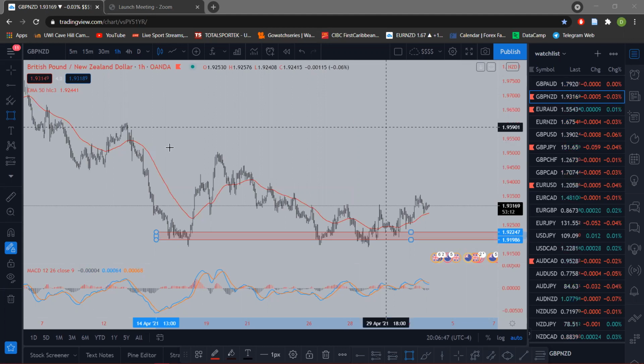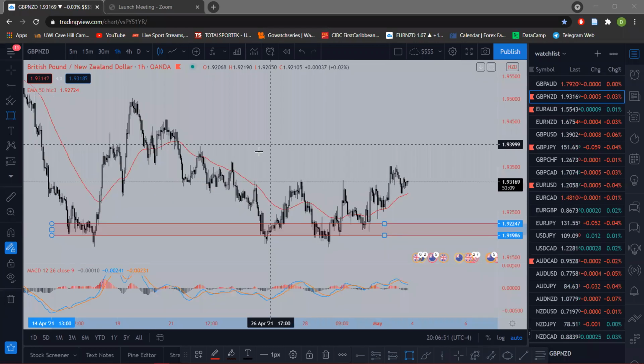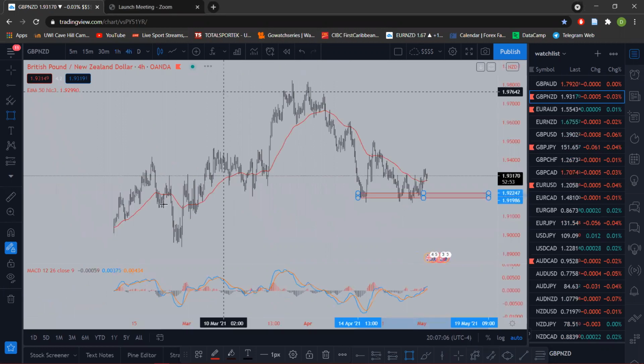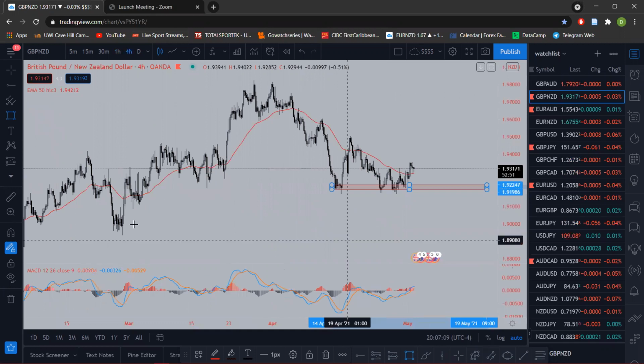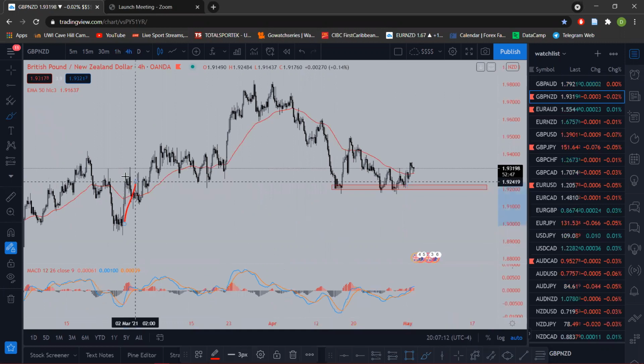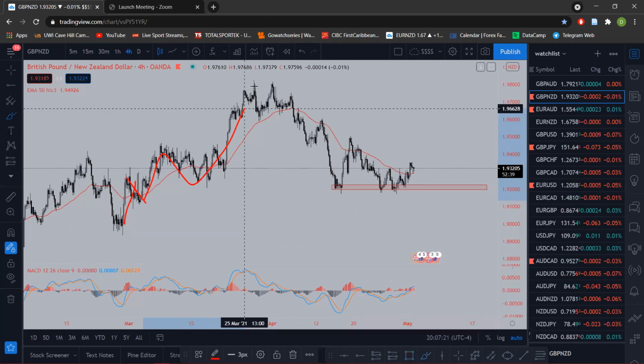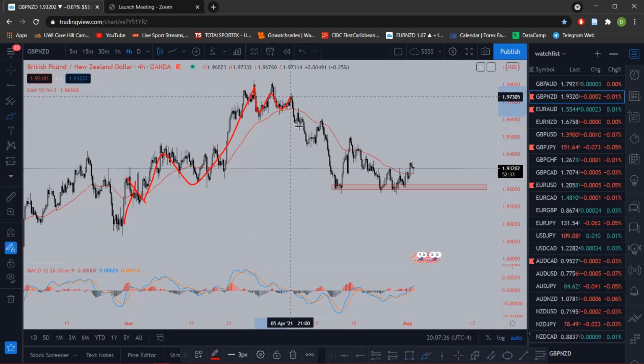All right, so basically, to understand the flags, we first must understand which direction the market is moving. So we usually gather this from our higher time frames. So it's either we're going up, as we can see, or we're coming down.